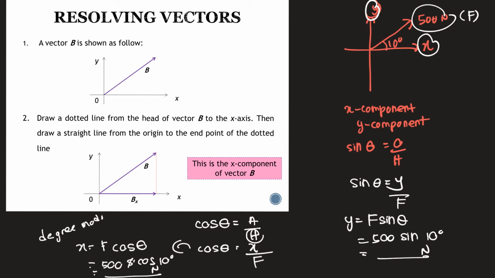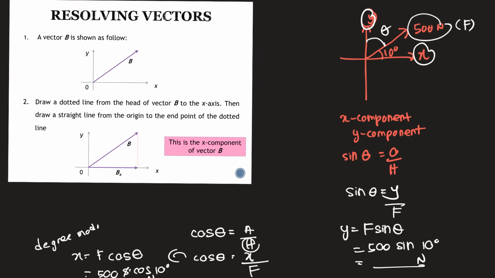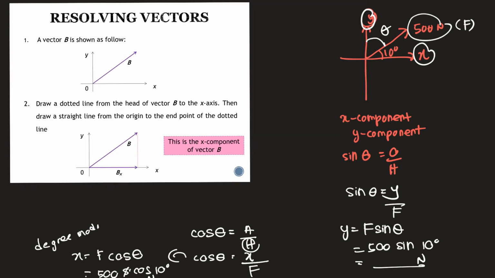But what if the angle given is in this part? What is going to be changed here? Yes, the things that will be changed are your x component and your y component.